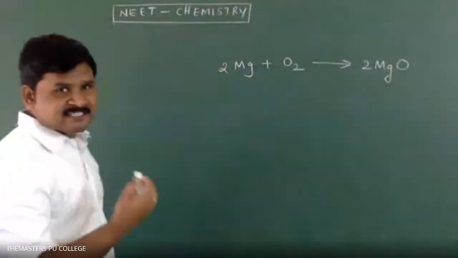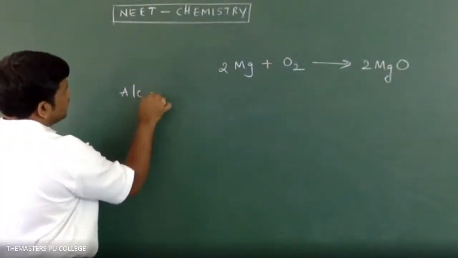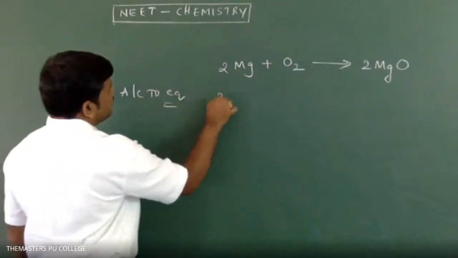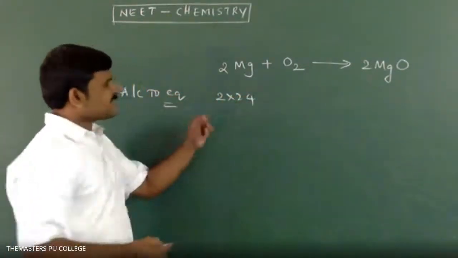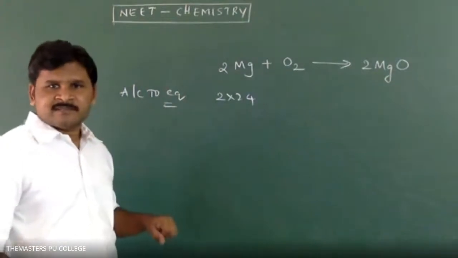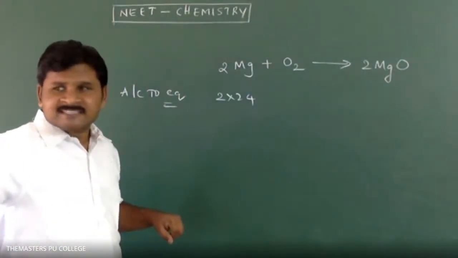So this is the equation: 2 Mg plus O2 gives 2 MgO. According to the equation, 2 into 24. Why am I not taking moles? Because according to the question, he is asking to calculate the mass of magnesium.